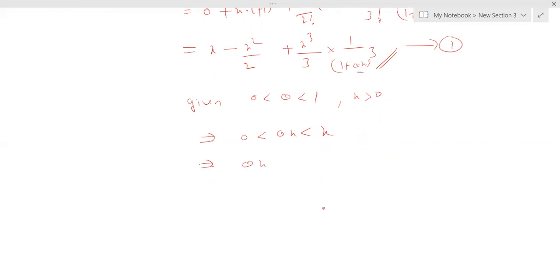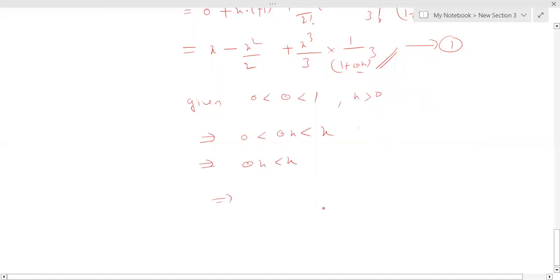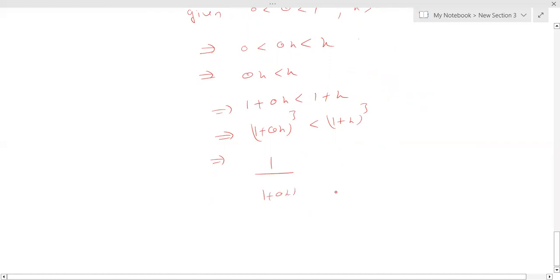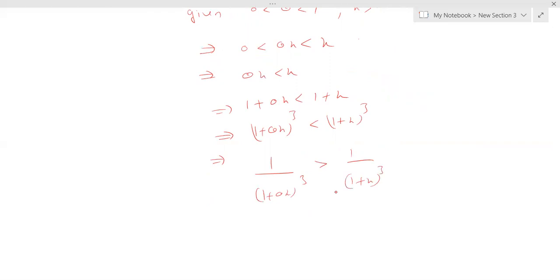That means theta x less than x. Adding 1, the inequality does not change. Take the cube; squaring, cubing, any power is fine because they are positive numbers greater than 1. And reciprocate. This value becomes 1 plus theta x whole cube, 1 by 1 plus x whole cube.